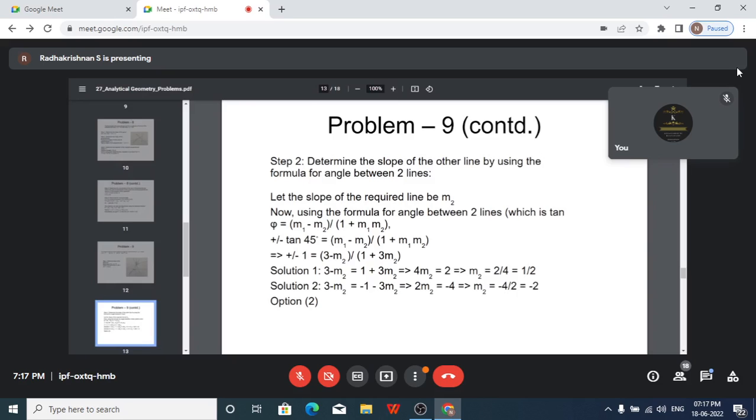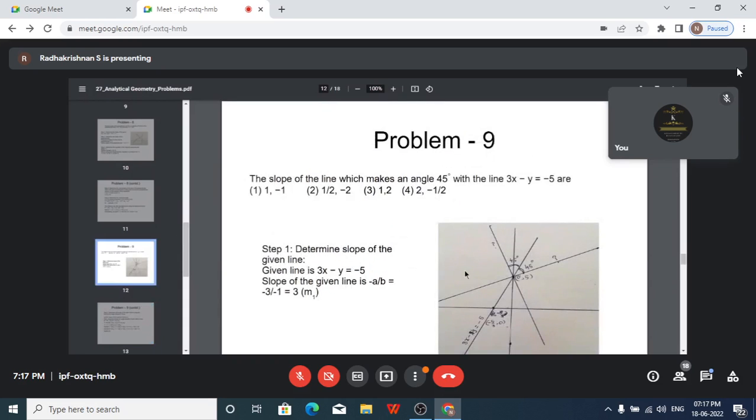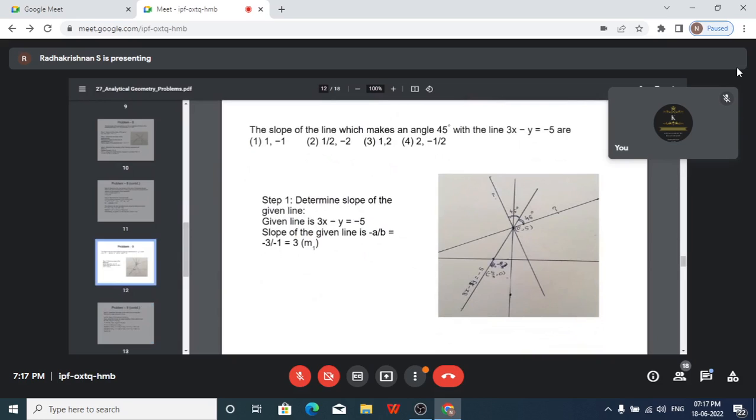In fact, if you look at this diagram, assume we drew this diagram reasonably accurately. So we can see that one line has got positive slope, another line has got negative slope.